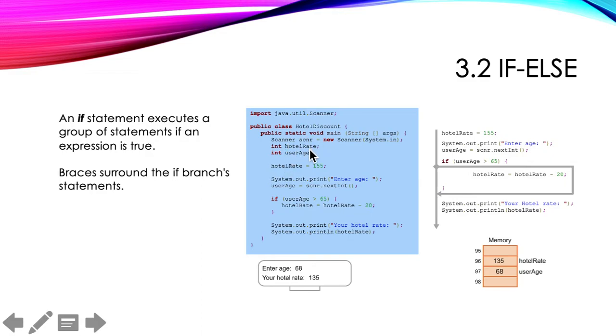You have to scan the input, declare the integer, and you assign the hotel rate at 155, for example. Then you require the user to input the age, and then it's scanned. So over here is the program. If the age is greater than 65, the hotel rate is equal to hotel rate minus 20. It's 155 minus 20, then you get 135. In this case 68. You put the age and you get the discount, 135.